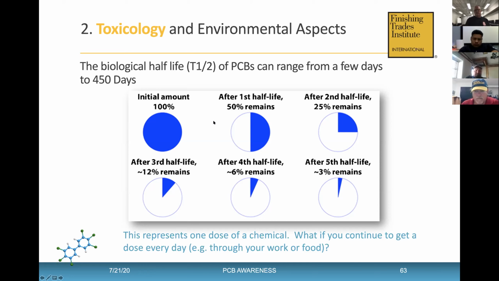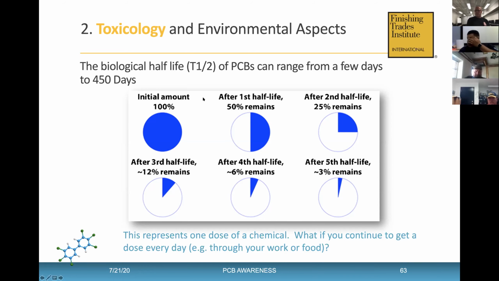So it's not like you're just getting one exposure, you're continuing this. Now, what's going to happen is the amount in your body, let's say if you get 100 milligrams in your body, right? After one half-life, so 450 days goes by, if you keep getting exposed, you're going to have more than 450 milligrams in your body. It's going to be some amount 10 times higher. So there's a calculation that we can do to find out how much you might have stored in your body based on your exposure.